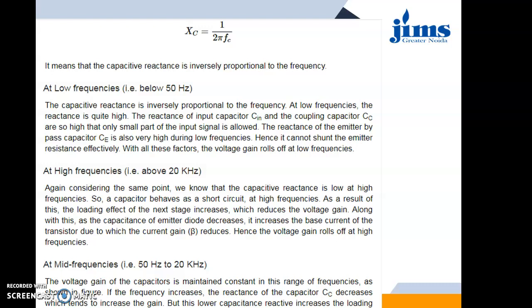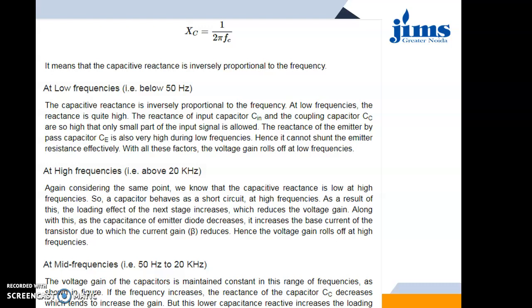So at low frequency the reactance becomes high, and it is nothing but a kind of impedance which resists the current to flow in the circuit, and therefore at the output the voltage becomes low, resulting in low voltage gain, or in other words resulting in the roll off of the gain. So the reason behind the roll off at low frequencies is the reactance of the coupling capacitors, which is very high for low frequency ranges from 0 to 50 Hz.